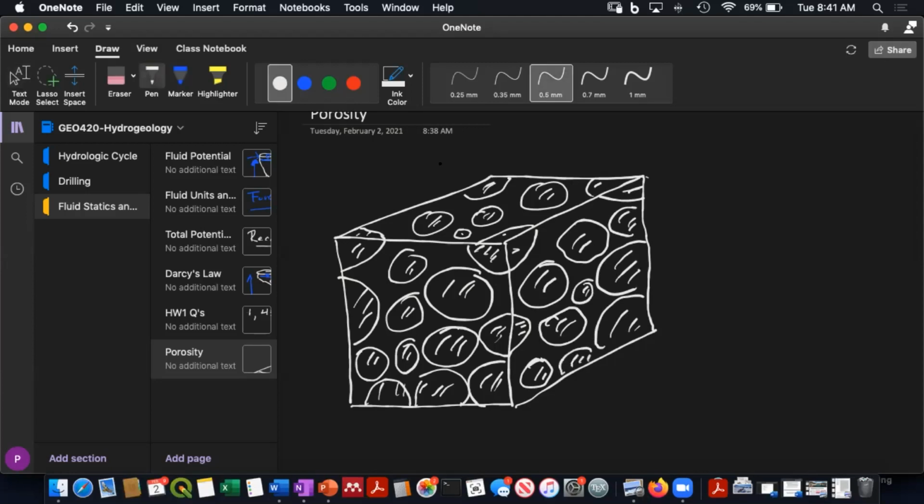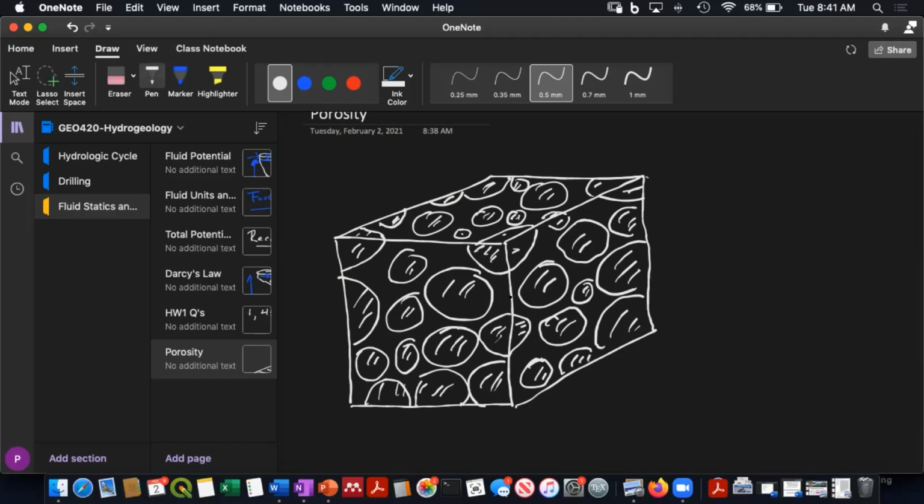Okay, so this is my cube of porous media. And here we're just going to consider some sediment.